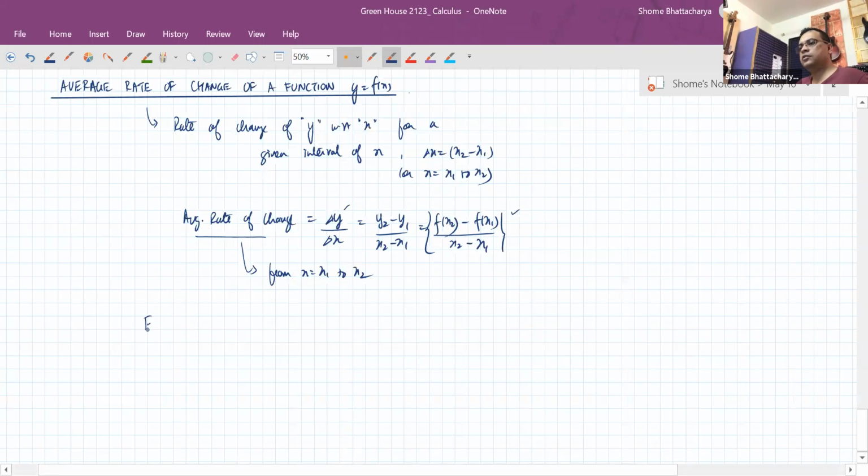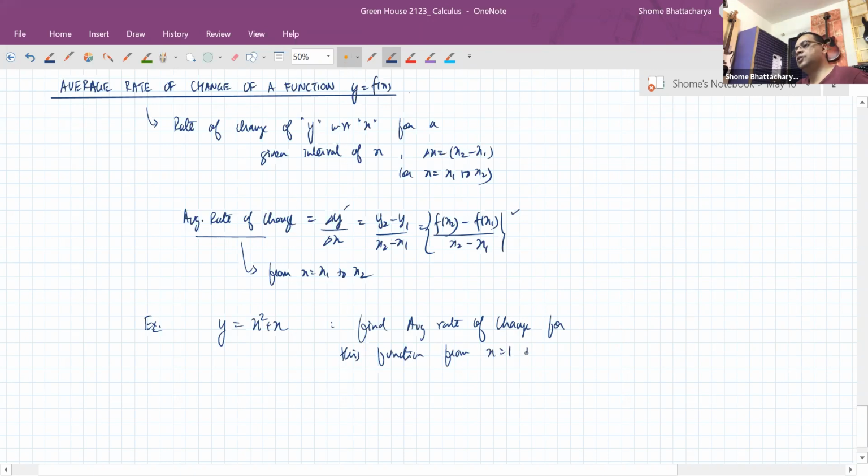For example, my function is, let us say, x square plus x, and I want to find the average rate of change for this function from, let's say, x equal to 1 to x equal to 2.